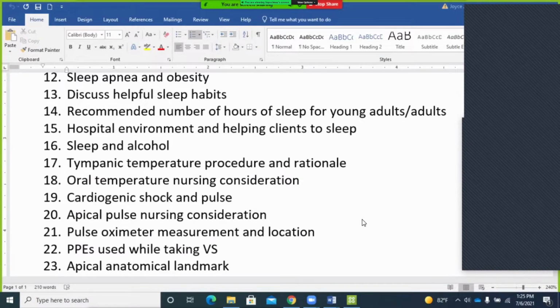You're still here. So what is that apical pulse nursing consideration? When are you prompted to count the pulse for a minute? It's the most accurate pulse, because that is the actual beating of our heart, right?